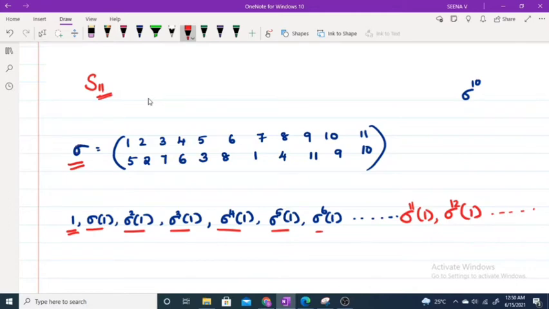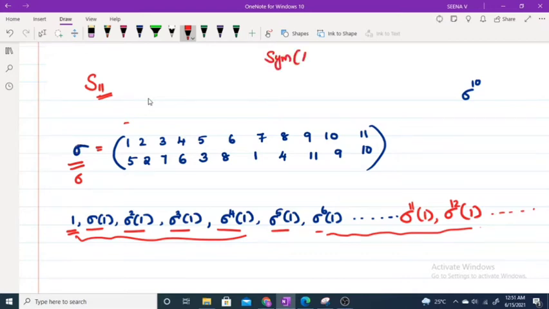So that means at some point this value may be repeated. Even if sigma is applied repeatedly, we will get a permutation in S11, because we have the result that the symmetric group of A is closed under multiplication. That means S11 is also closed under multiplication.